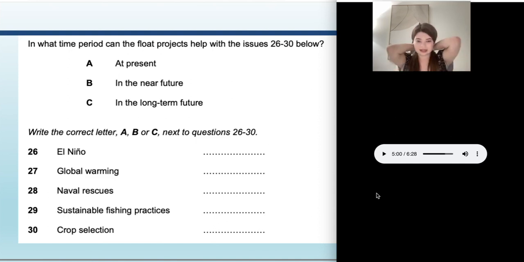And so it does take a little bit of time, not 10 or 20 or 30 years or anything, but it does take time for these new laws to be implemented and for the data to be gathered and for real change to happen. So I would say in the near future makes sense for that. And also directly in this script, it specifically said that it was the near future. They made an implication for that by saying that that will be completed fairly soon, right? Okay, moving on.